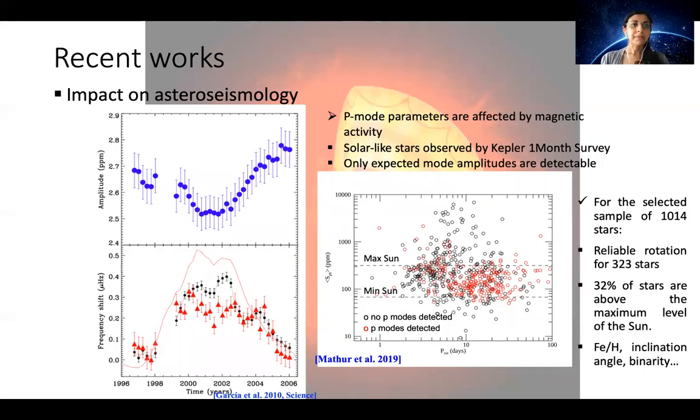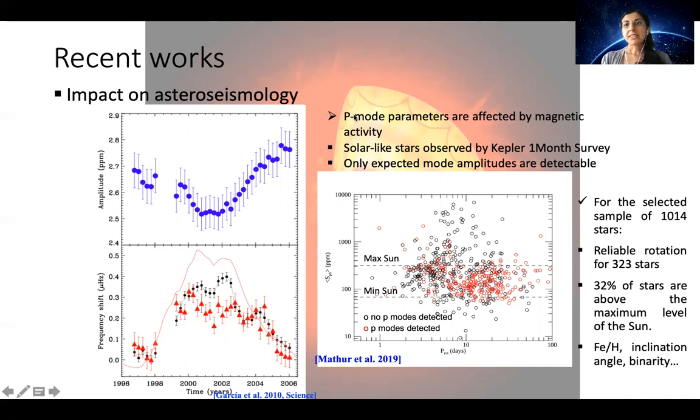That's one part. The other thing is that there is an impact of magnetic activity on asteroseismology. We know for the sun that when the magnetic activity increases, frequencies increase, and the amplitudes of the modes decrease. So there's an anti-correlation, which has been seen then in many other stars observed by CoRoT or Kepler.